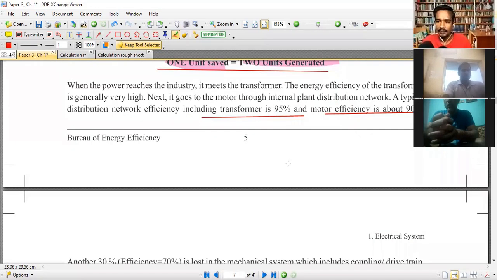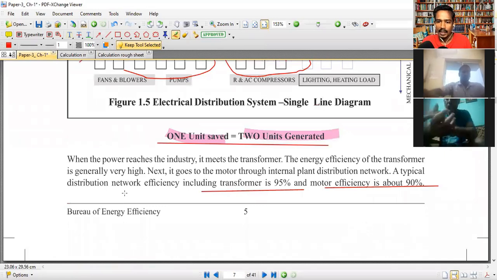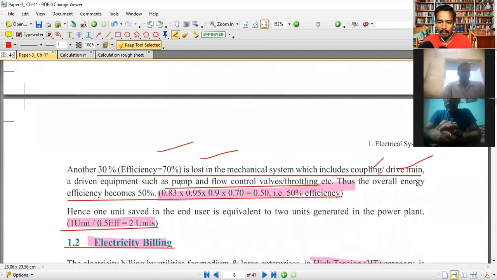Here they mentioned the total losses in a typical network. See, in this transformer 95%, motor efficiency 90%, and other losses. In the total mechanical system, losses are 30%, efficiency 70%, and the driving coupling, and then it's going to the pump, and the flow control valve is also available. There are also some losses. The multiplied total efficiency of industrial is 50%.